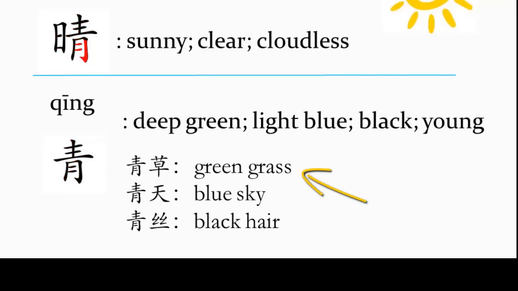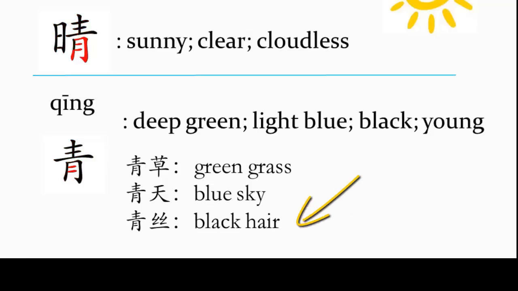In this 词, this 字 草 means grass. So 青草 means green grass. Here 青 means green. When it combines with 天, 青天 means blue sky. Here the 青 means blue. But this 词 usually only shows up in classic literature.